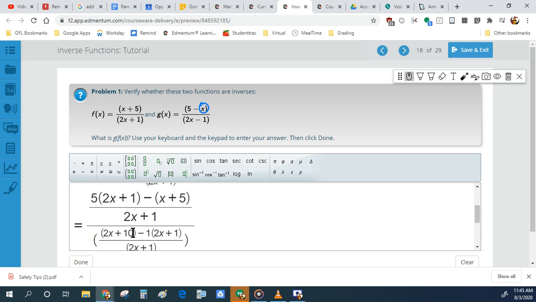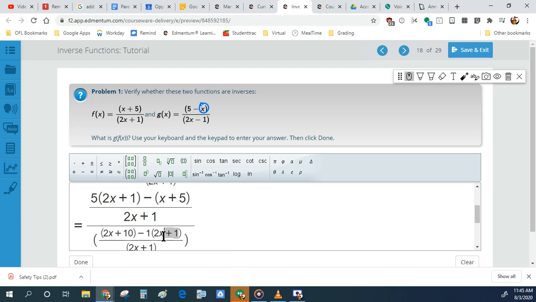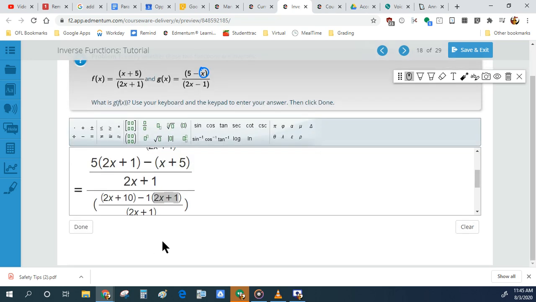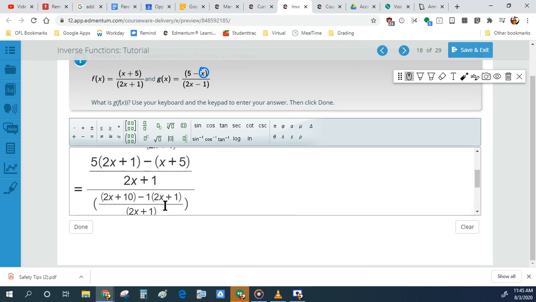So the top part stays the same. So I'm literally just going to copy this, paste it. I'm going to copy this and paste it here, but I'm going to change it to negative because it's negative 2x and -1, because what we're doing here is we are literally just distributing this negative.